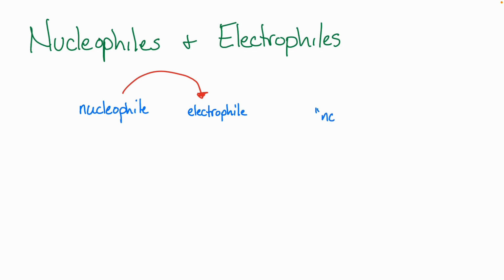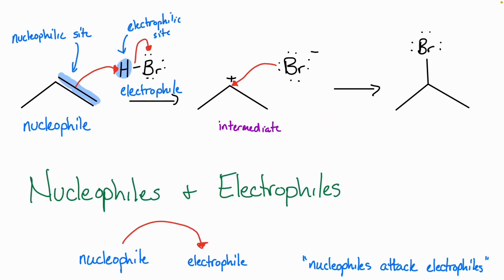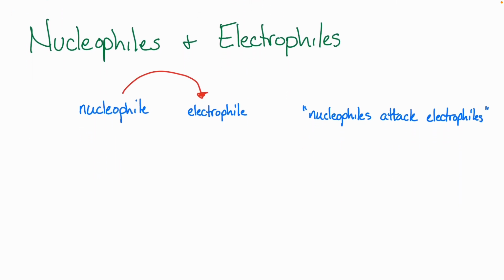So what we say is nucleophiles attack electrophiles. This reaction is driven because that pi bond reaches out and attacks that acidic hydrogen. So again, nucleophiles will always be at the base of the arrow, and the electrophiles will always be at the head of the arrow. And we say nucleophiles attack electrophiles.